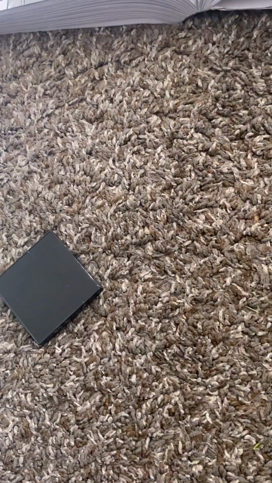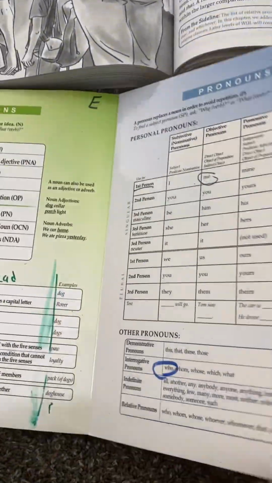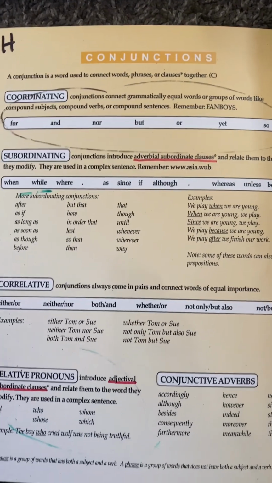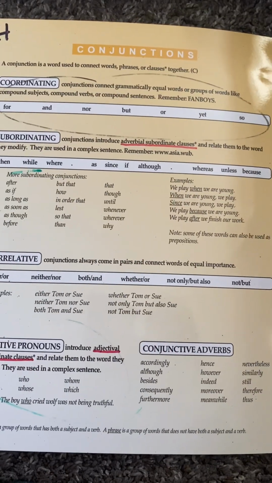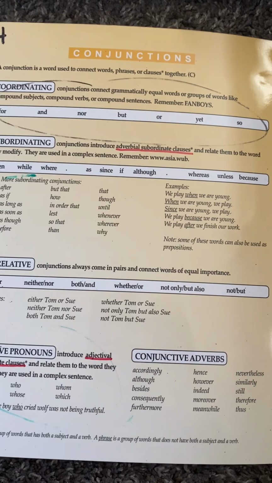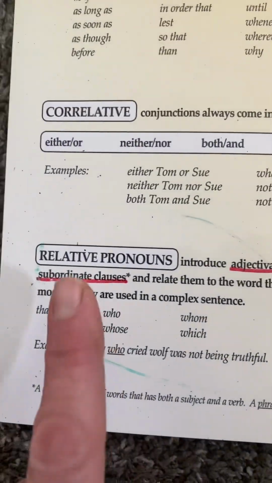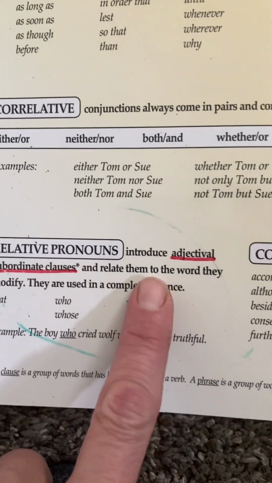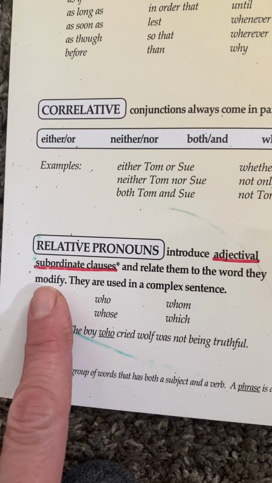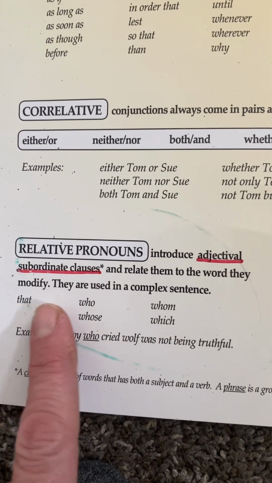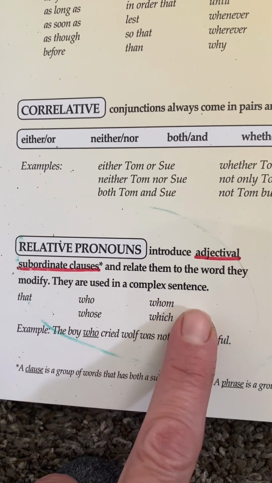And as we looked at last week, let's look here. Here we go, our chart H. Down here, it says relative pronouns introduce adjectival subordinate clauses and relate them to the word they modify. They are used in complex sentences.